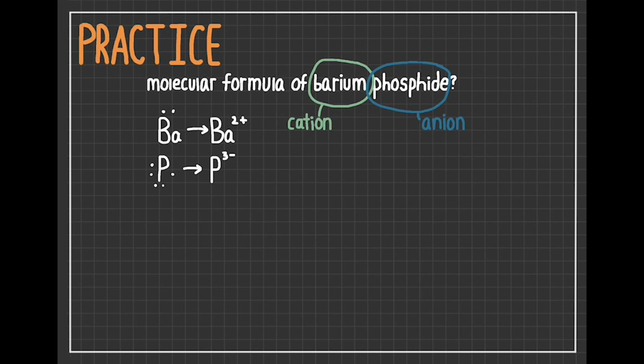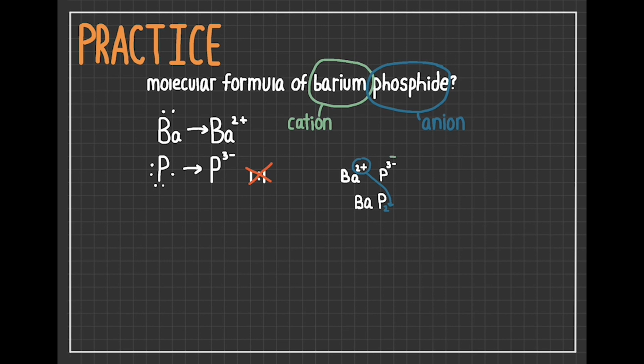Now, notice how we have one losing 2 electrons and one gaining 3. So in our molecular compound, we aren't going to have a 1-to-1 ratio of barium to phosphorus. There's a handy little trick for determining how many of each ion is needed to balance out the charges. Start by writing each atom with the charge it will have as an ion. Then, underneath, write the atoms next to each other again. Now take the charge of the right atom on the top and place that number underneath the left atom on the bottom.